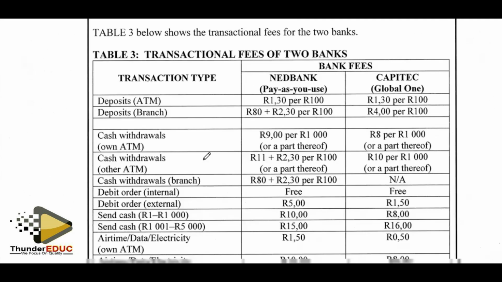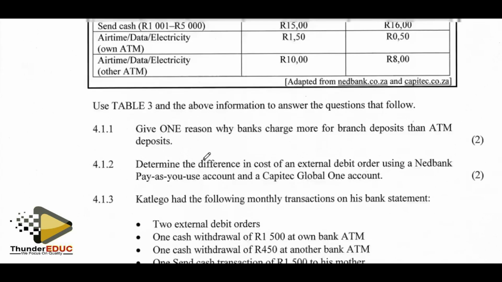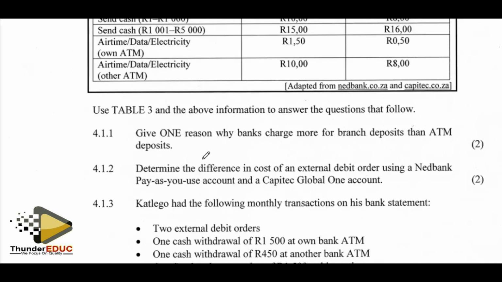Let's look at question number 4. Give one reason why banks charge more for branch deposits than the ATM.